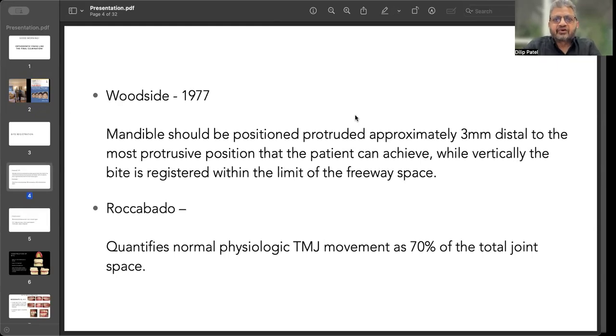This definition is only for the monoblock or the Robinson appliance, activators. Rocco Bardo quantified the normal physiologic TMJ movement as 70% of the total joint space. So when you want to advance the mandible, 70% of the total movement should be registered.